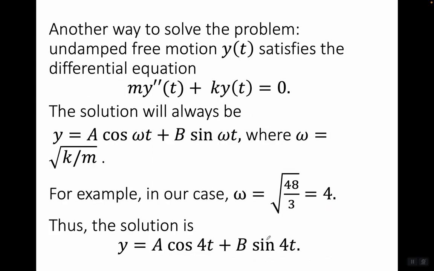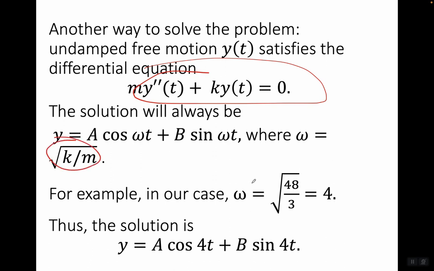Another way to solve the problem: undamped free motion y of t satisfies the differential equation my double prime plus ky equals 0. If you have a differential equation of this form, undamped free motion, the solution will always be y equals a cosine omega t plus b sine omega t, where omega is the square root of k over m.